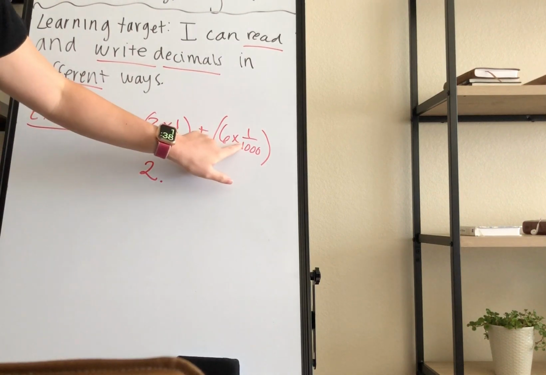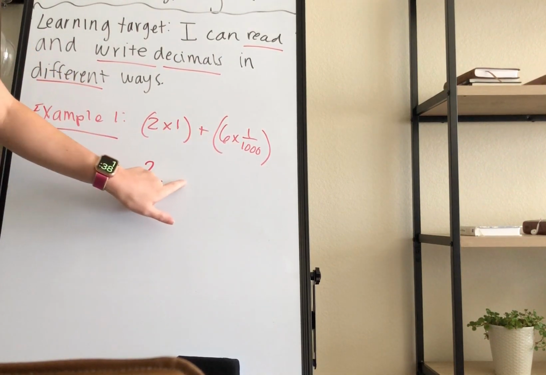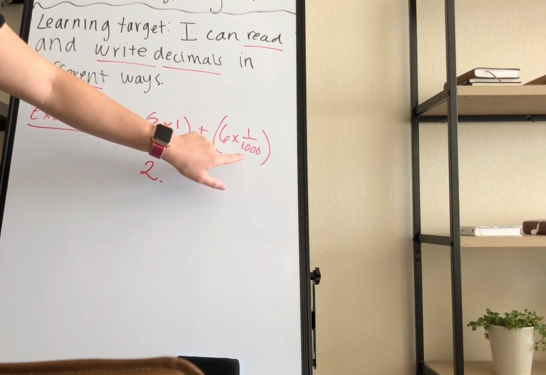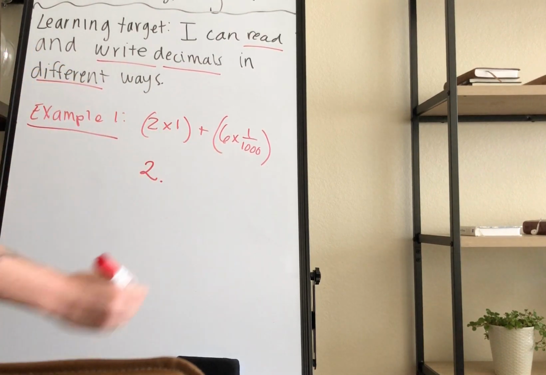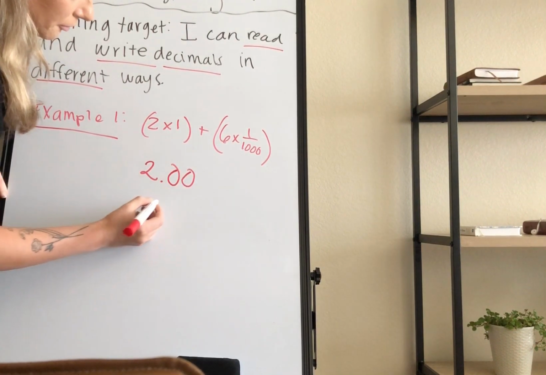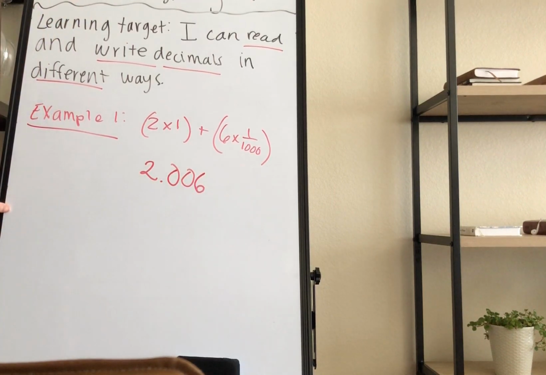So what place is 1 over 1,000? If you're behind the decimal place, we know that'll end in THS. If we have 1,000, that would mean the 6 is in the thousandths place. Remember, this 0 is in the tenths, this 0 is in the hundredths, this would be the thousandths.